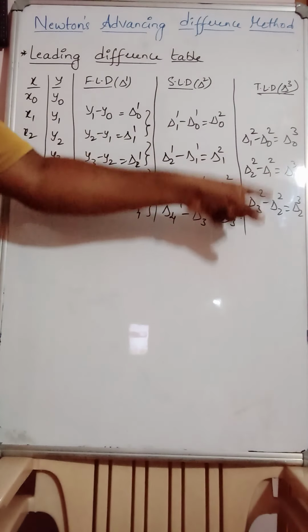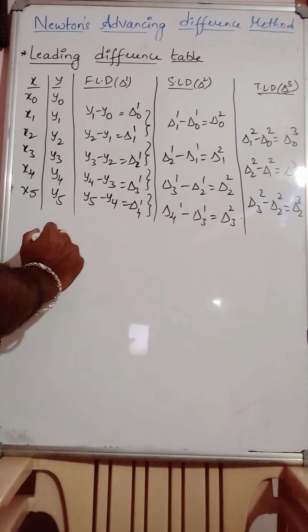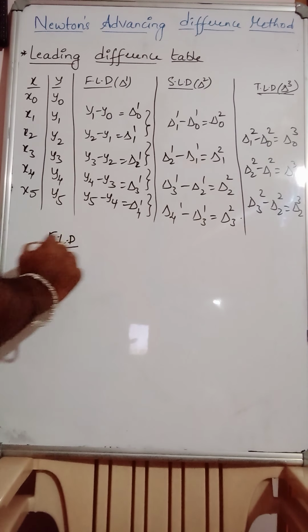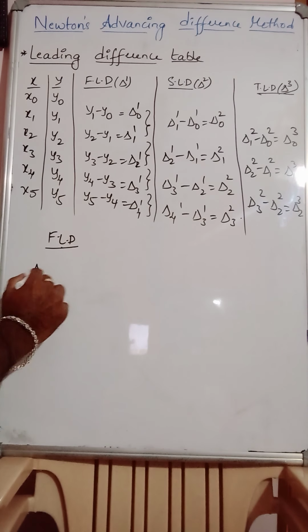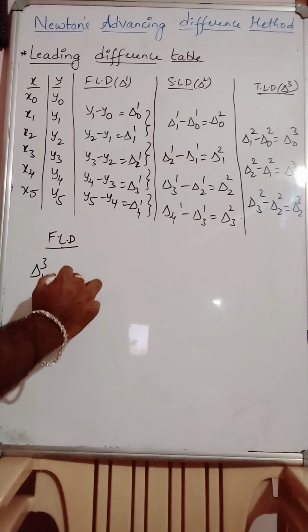See here how it became now 3. Next, fourth leading difference. As I mentioned earlier, depending upon the number of known values, those many leading differences you will be getting. Remember. Next, delta 1 3 minus delta naught 3.